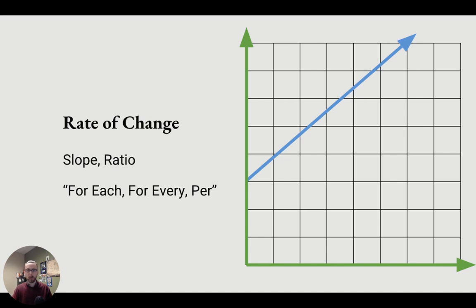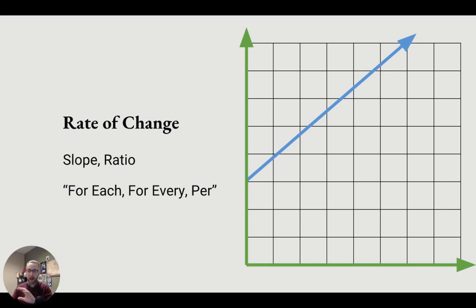In a word problem, this will be represented by words like for each, or for every, or per. If I'm talking about miles per hour, I could graph that, and the graph would probably look like this, with a blue line going up. If I'm talking about miles per hour, miles would be my effect, my y, per hour, and that would be my x, my horizontal.